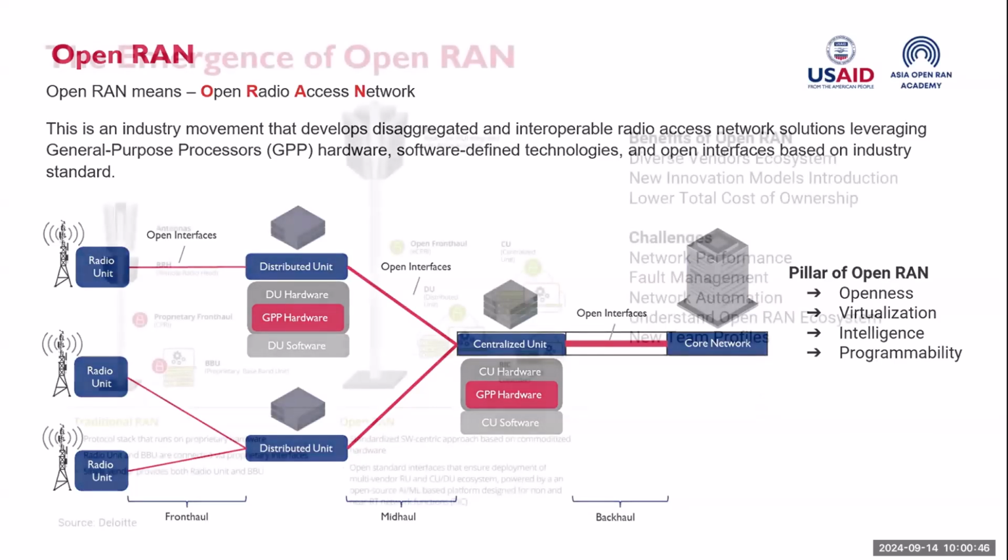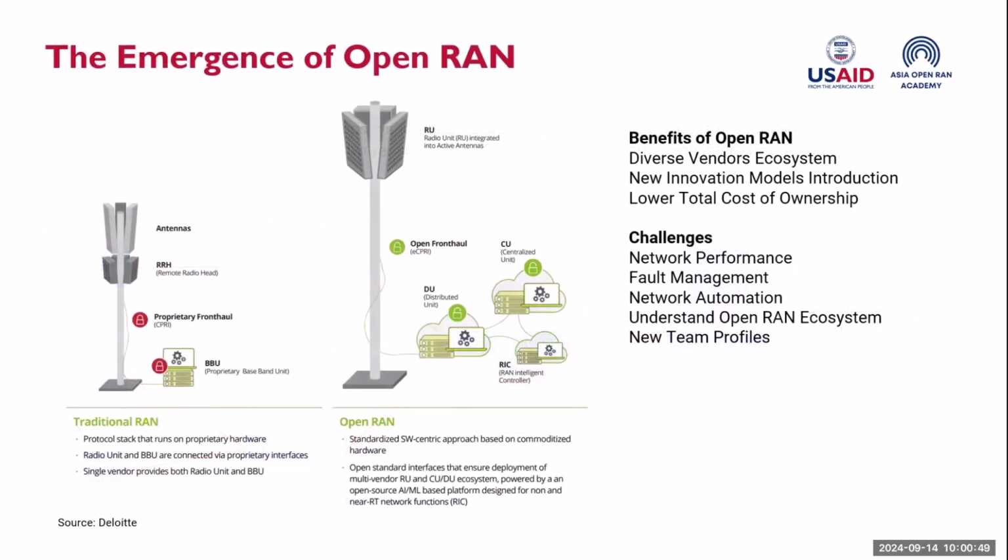So if we compare it with a traditional network, there's a similarity, especially if you look at it from a hardware perspective. But for example, in traditional RAN, the protocol stack runs on proprietary hardware. So the hardware is proprietary, okay? The radio unit and the BBU are connected via a proprietary interface, for example, the CPRI, the Common Public Radio Interface, which is also proprietary.